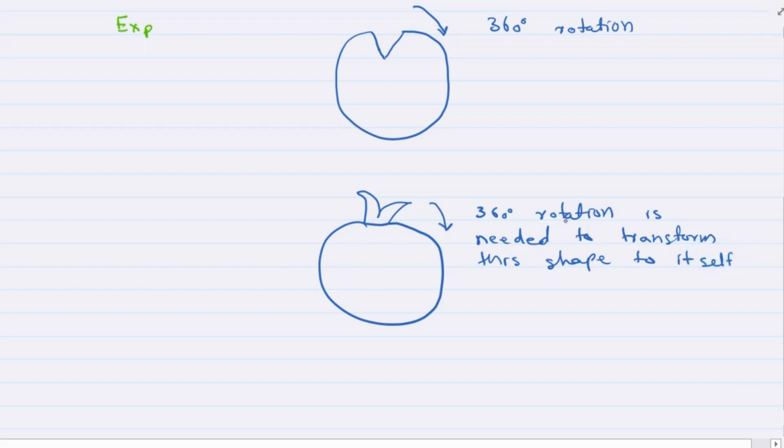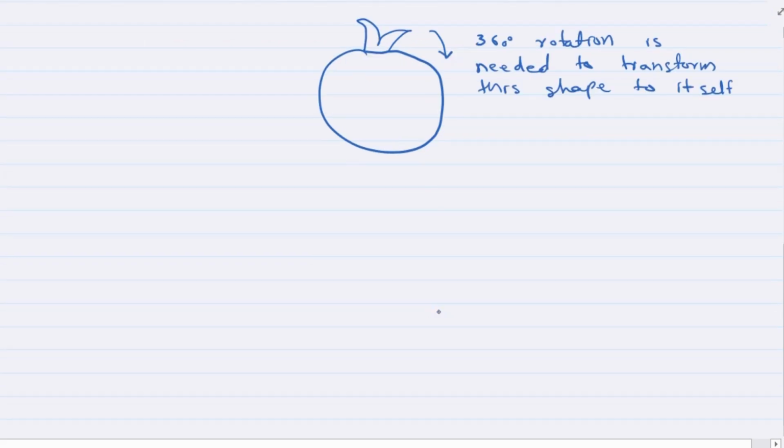Now we will take another example. This is another shape, the aeroplane with a specific tail position and head position. How much rotation is needed so that it returns to itself?